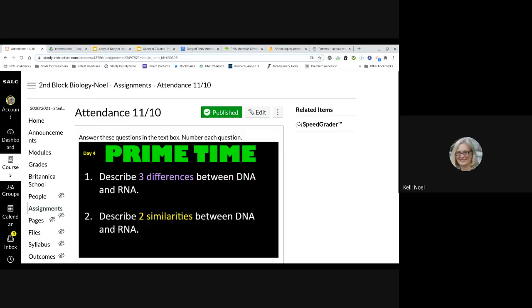All right, yesterday we were talking about DNA and RNA, and so here we're going to look at similarities and differences. So for DNA, I don't think you can make a chart on there, but you could do.